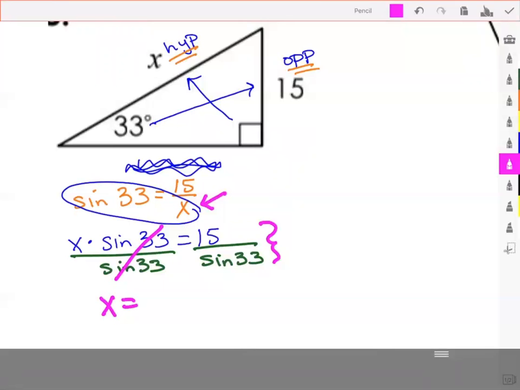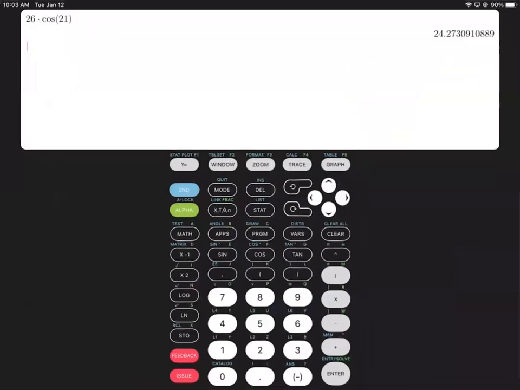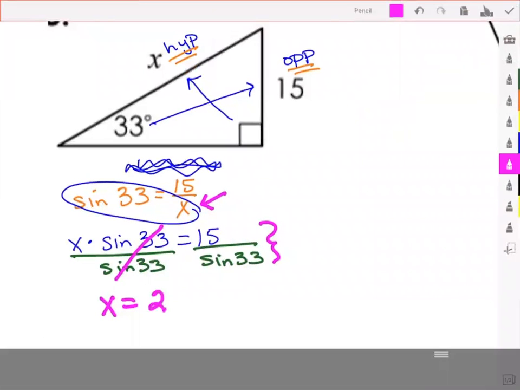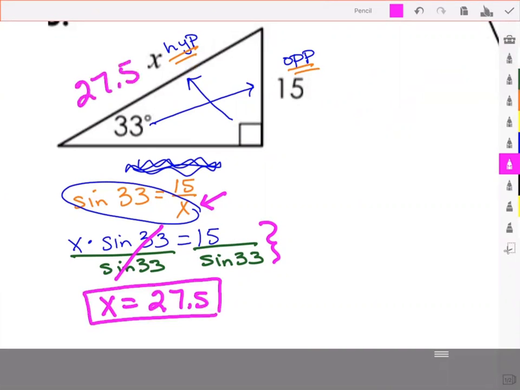So 15 divided by sine of 33. Rounding to the nearest tenth, I get 27.5. So this hypotenuse is 27.5.